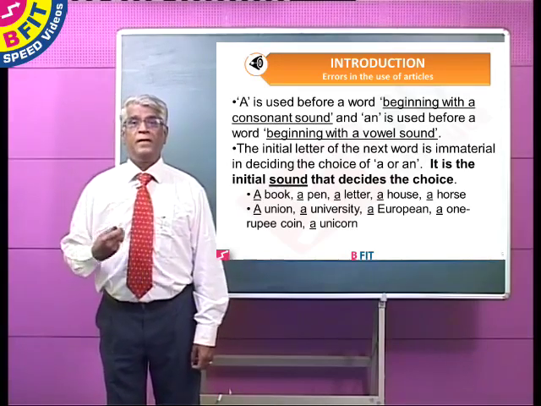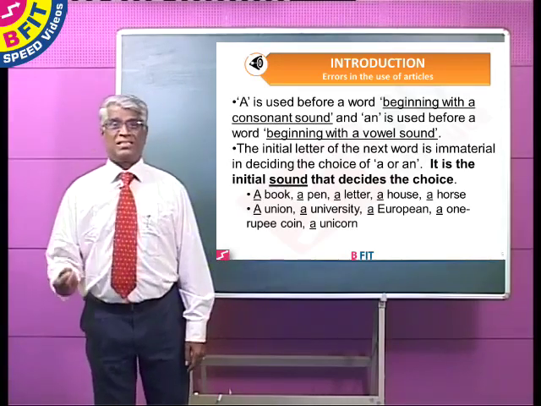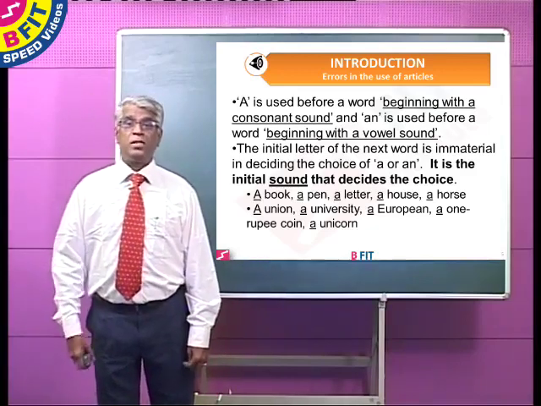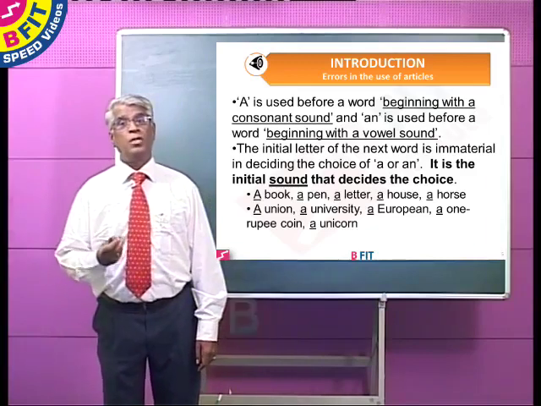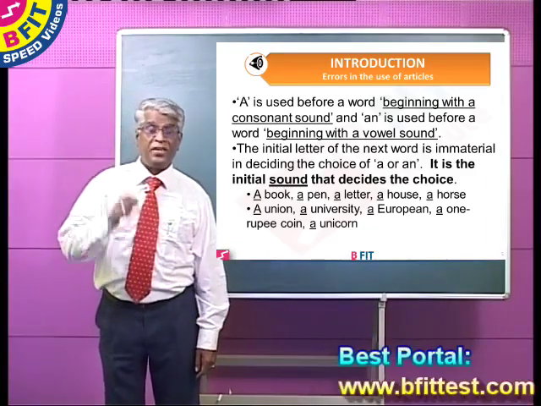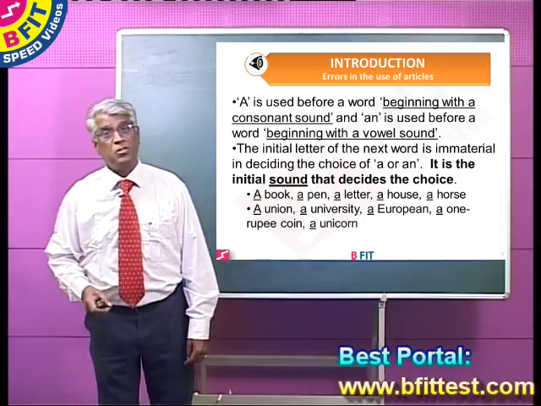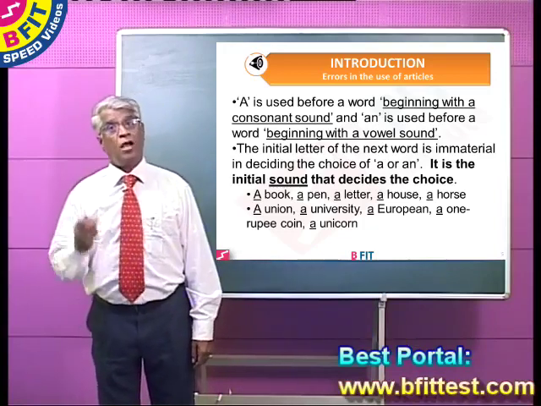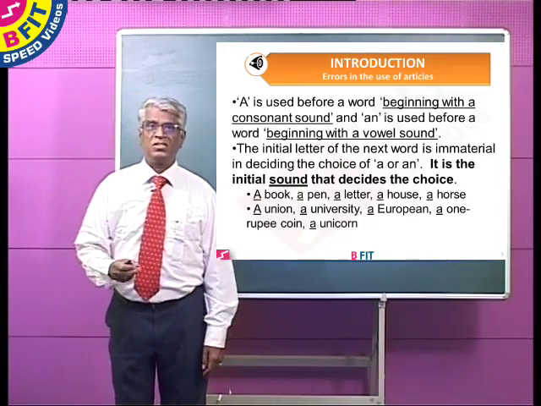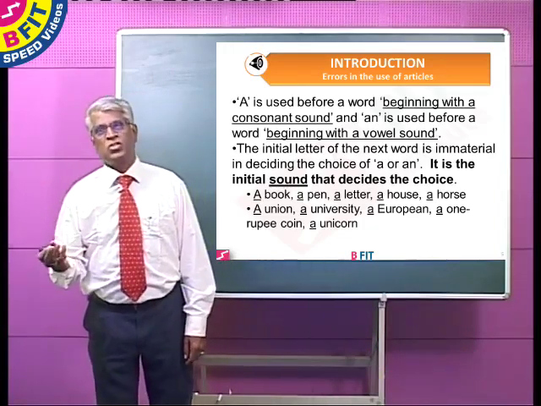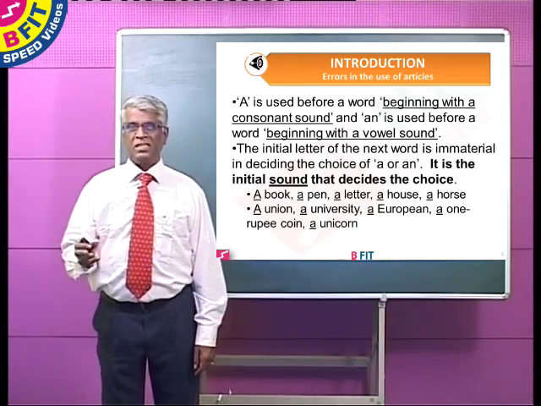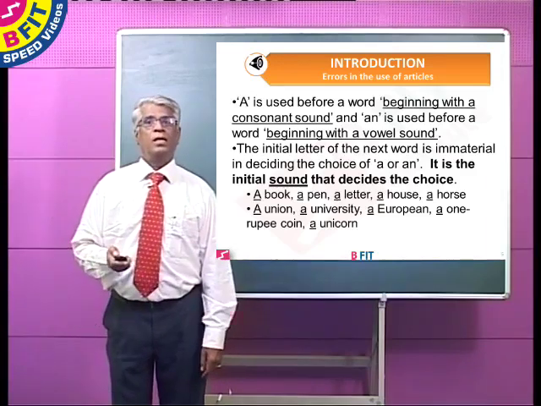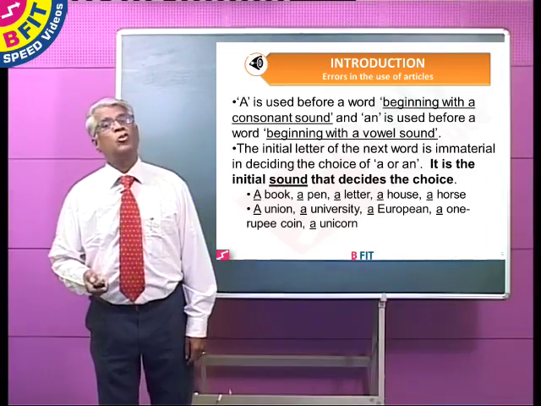We very often, instead of saying 'what's the matter', say 'vat is the matter'. We try to pronounce the sound V in place of the sound W. Therefore, if the initial sound, whether it is V or W, is a consonant, we must use only the article a: a union, a university, a European, a one rupee coin.